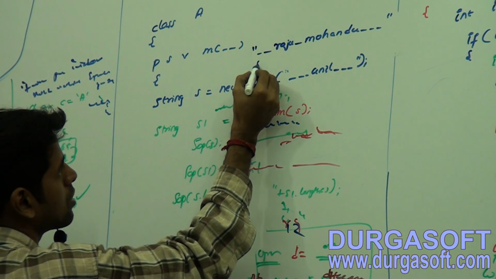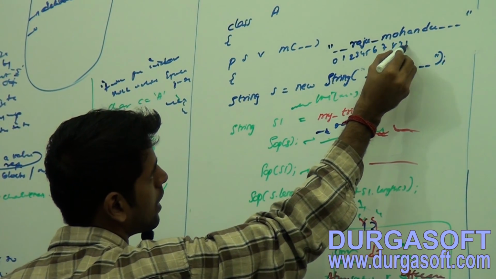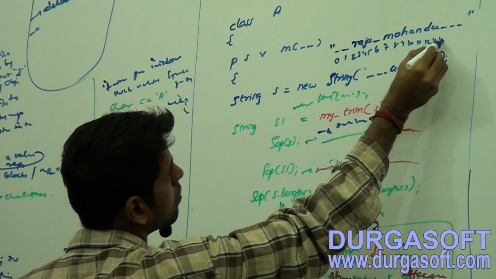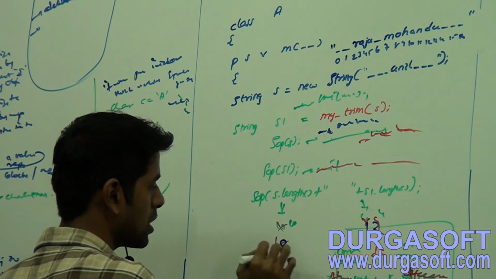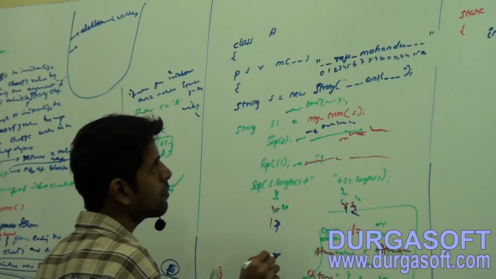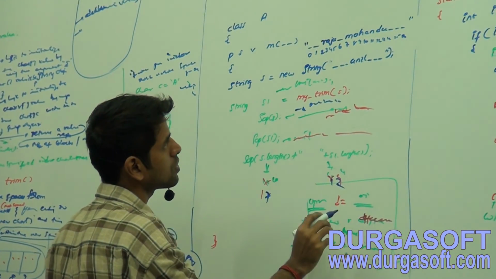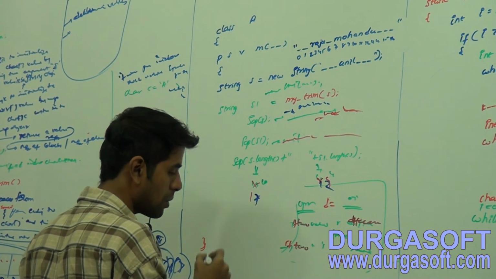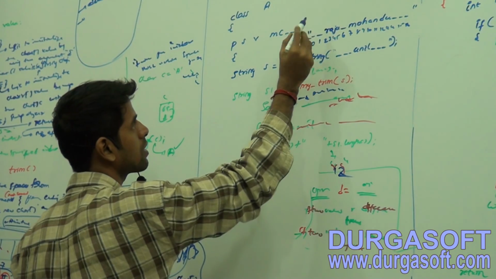What's the length? 0, 1, 2, 3, 4, 5, 6, 7, 8, 9, 10, 11, 12, 13, 14, 15, 16. Getting 16, plus 1, 17, starting from the 0th index. Now take how much? 5. 17 minus 5, 12.